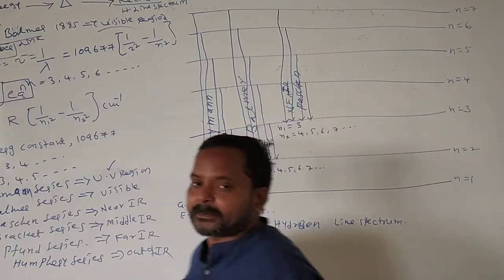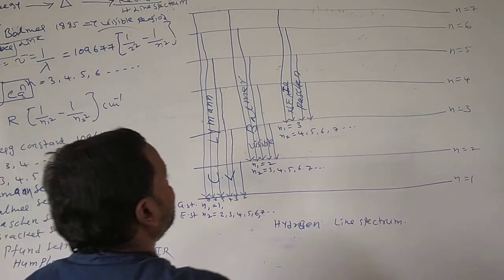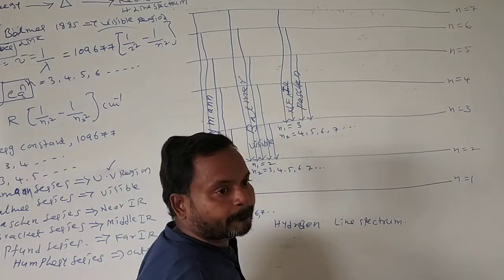If any electron jumps from a higher energy level to the 3rd energy level, we call that Paschen series of lines, observed in the near IR region.